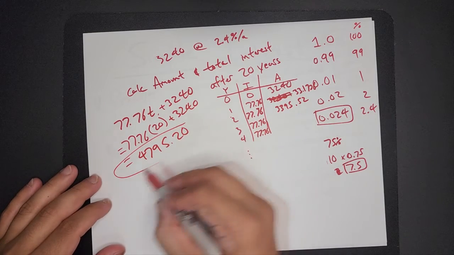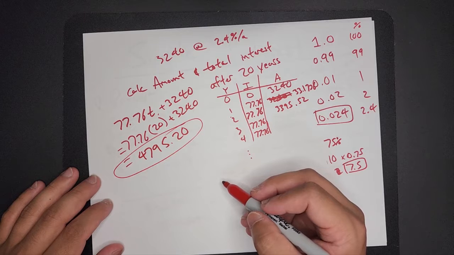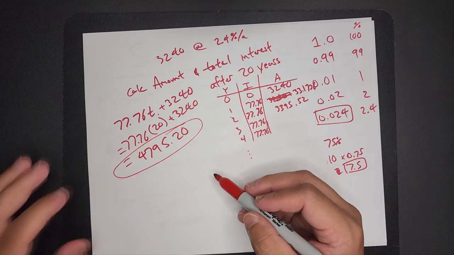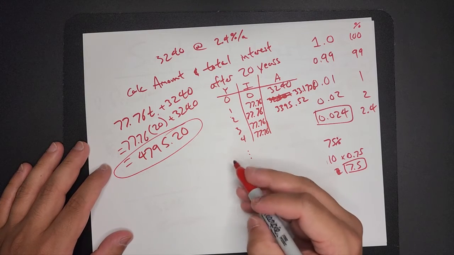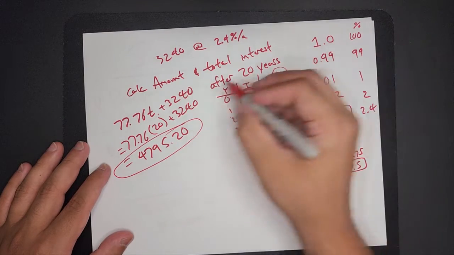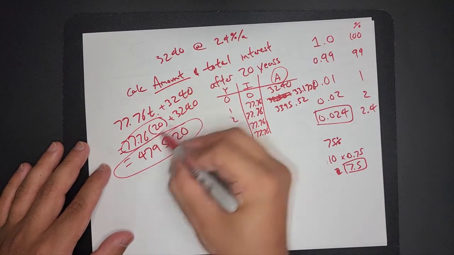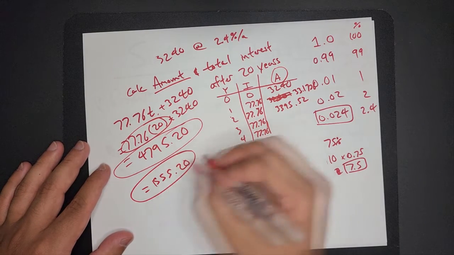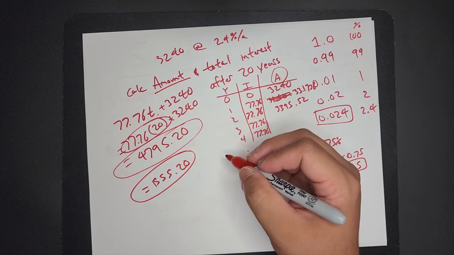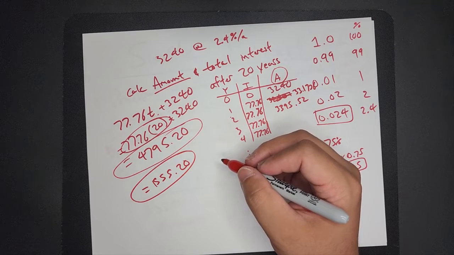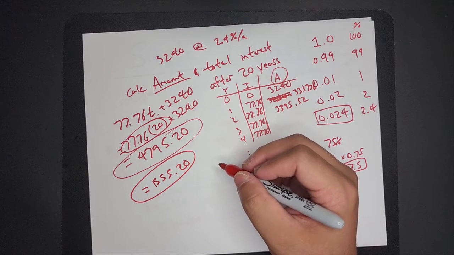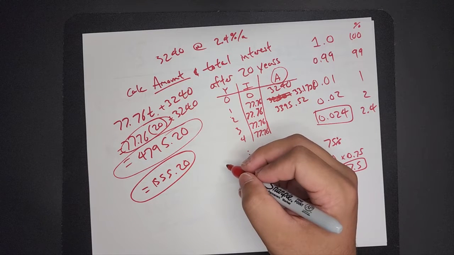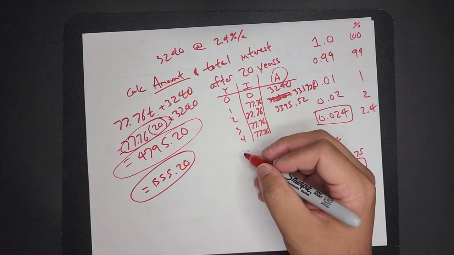So this is the total that you're going to have after 20 years. That's the amount. The interest is actually this, which is 1555.20. That's the gist of the interest here.